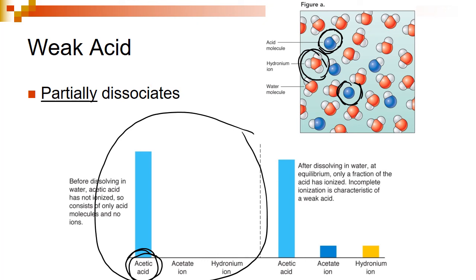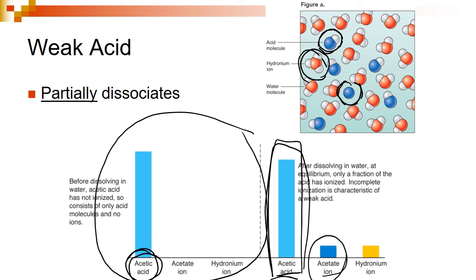But if you notice, most of the acid molecules are still that blue and white attached to one another. They haven't broken apart. So when you place a weak acid in water, we still mainly have the acid, but a little bit of it breaks apart. We have a little bit of acetate, we have a little bit of hydronium. Those two are equal to one another because, well, they break into two things, but most of it stays together.